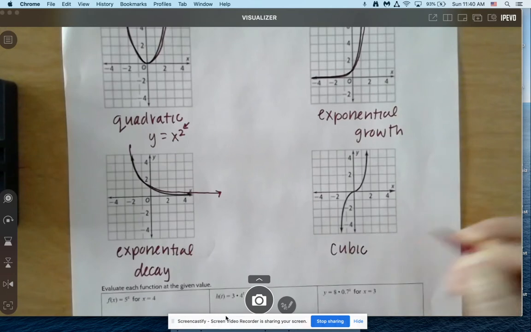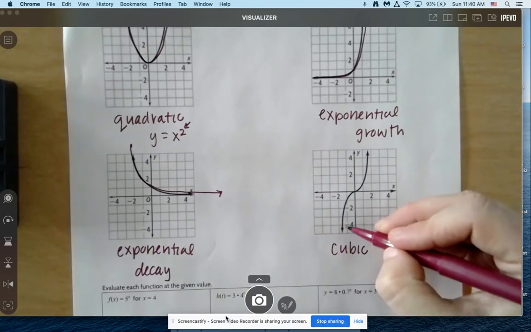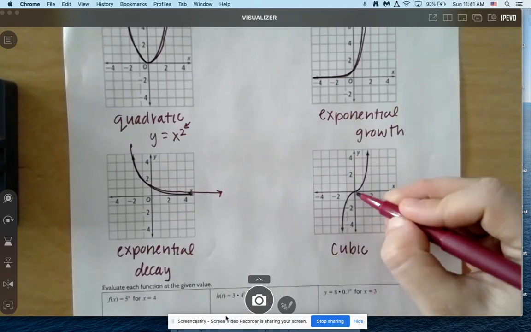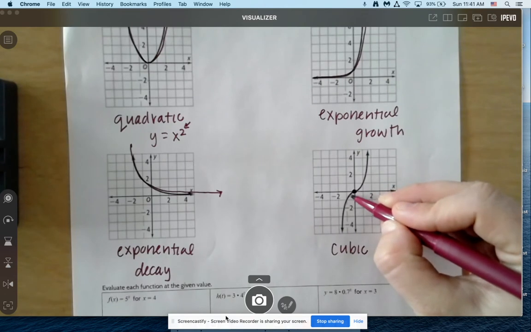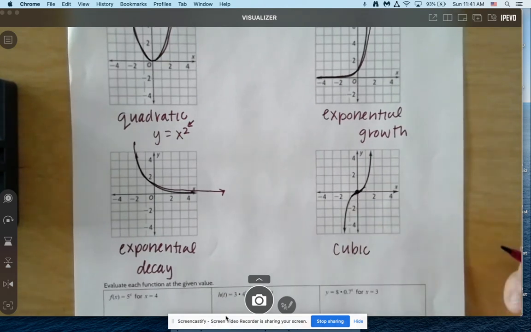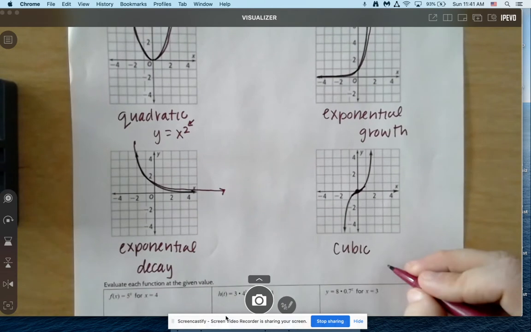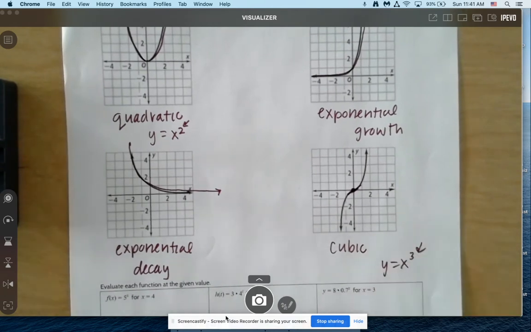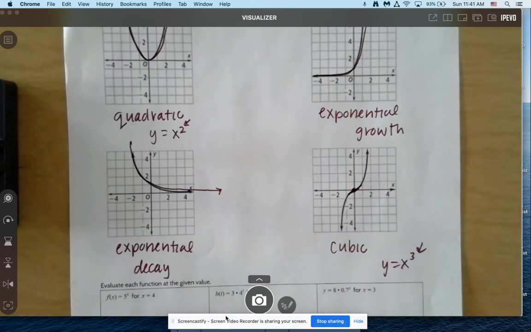It does grow very rapidly and decrease very rapidly, but we have this little part where it levels out right here. A cubic, just for fun information, would be any function to the power of 3. Any number to the power of 3 will give you a graph that looks like this.